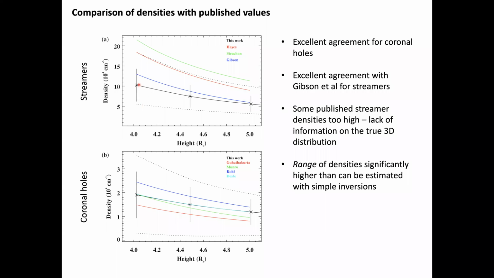And we get good agreement with previously published values. The one difference with the tomography is we're showing that there's a large range surrounding the mean value, and that was very difficult to do without tomography. And similarly for coronal holes, the range of density is significantly higher than that estimated with simple inversions.